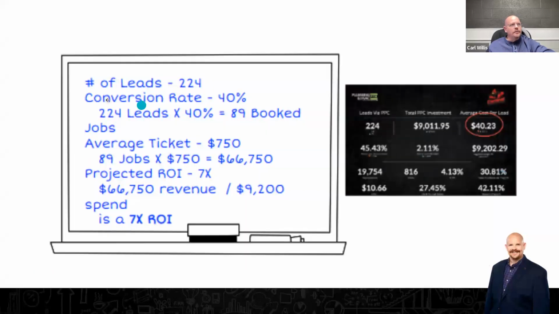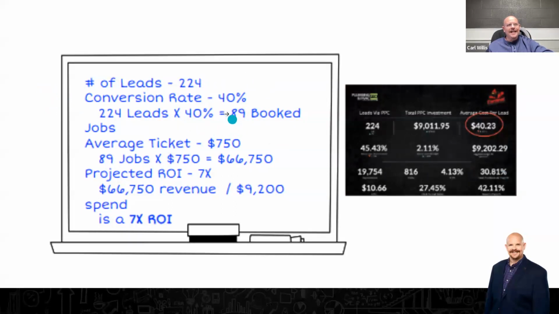Here's another thing that we want to look at. We want to break that down. So if we had 224 total leads, and your conversion rate is 40%, so that's something else you want to be paying attention to. What is your rate of conversion? When you get a lead in, for every 10 leads you get, how many of those are becoming your customers? So let's say that conversion rate is 40%.